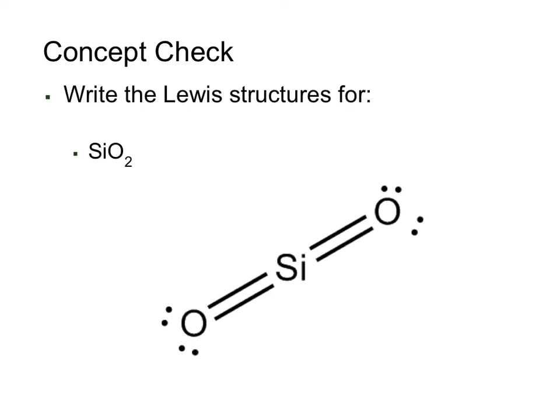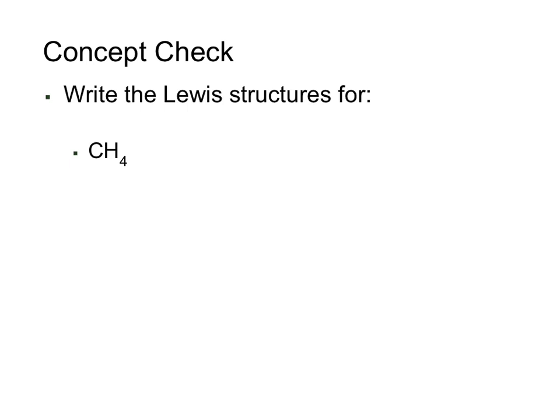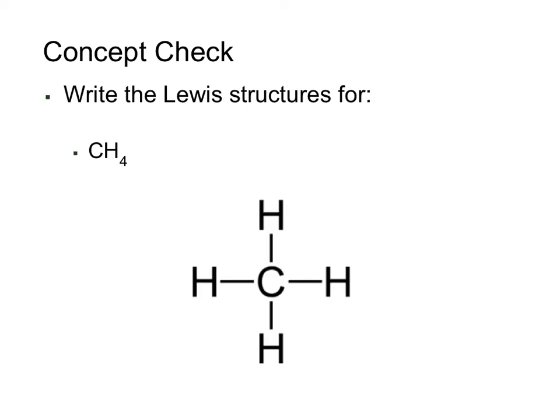And so once again, just check to be sure that all electrons are used and that every atom has an octet. Stop the video to write the Lewis structure for CH4, methane. And now check your answer.